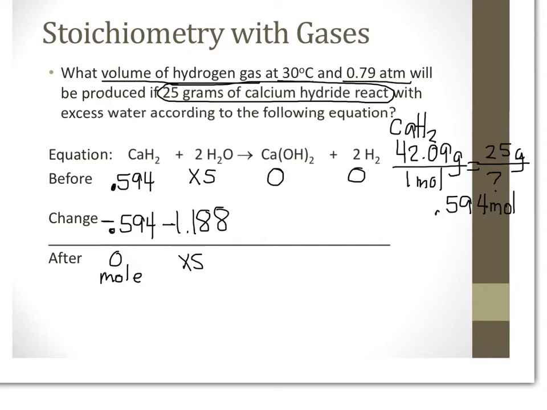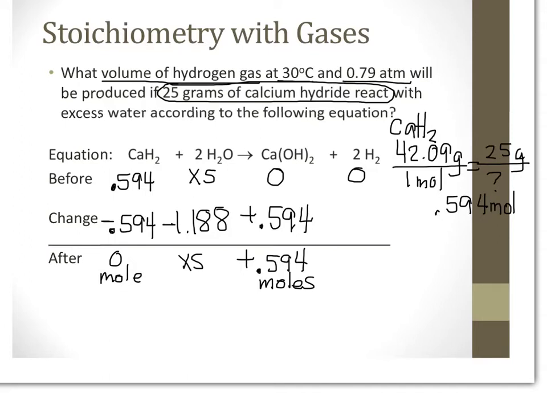There is a 1 to 1 mole ratio of calcium hydride reacted to calcium hydroxide formed. So I will form the same amount of calcium hydroxide as calcium hydride reacted. And that means I will have 0.594 moles of calcium hydroxide at the end.